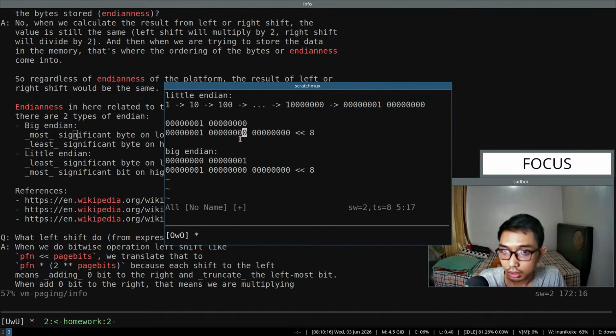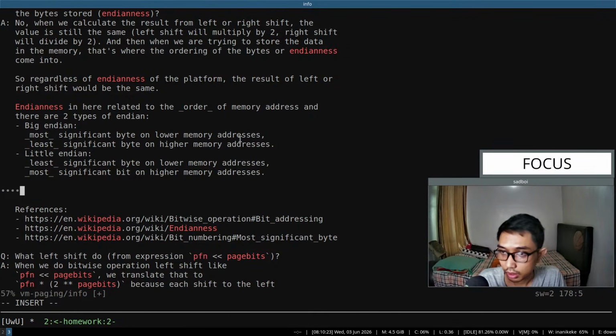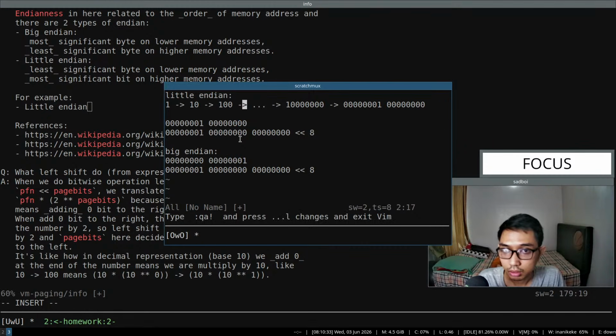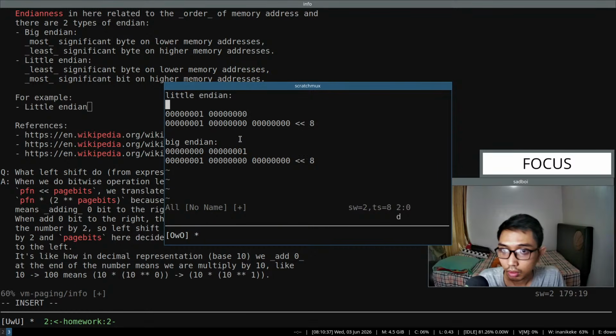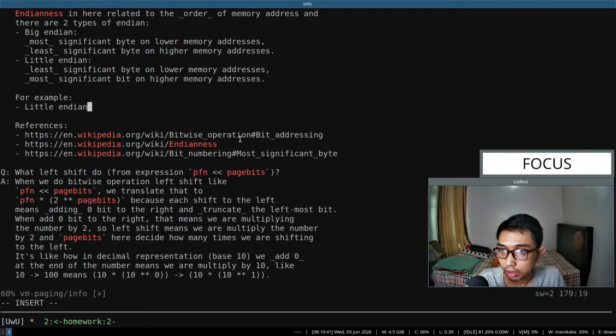Okay, and in this case, let me add the example. For example, little endian. Okay, let me put this here.